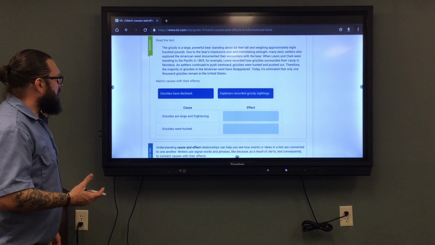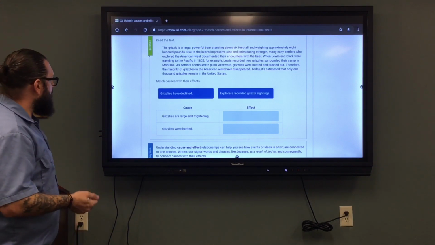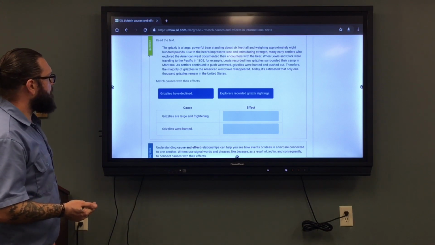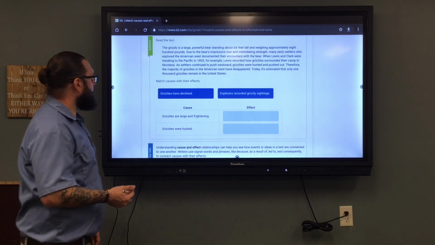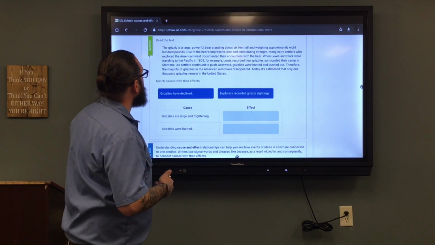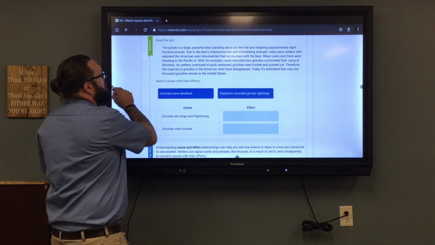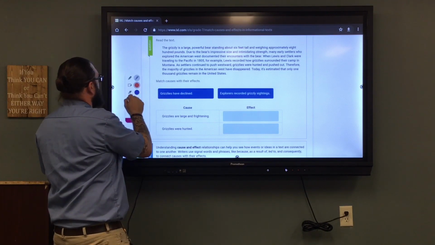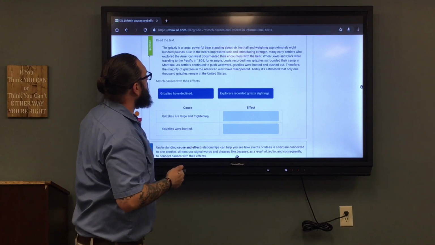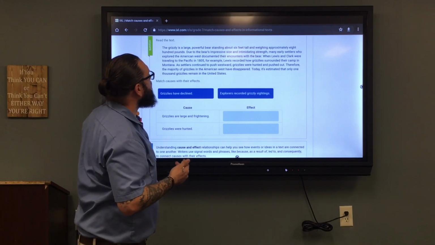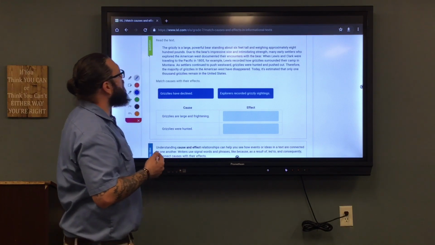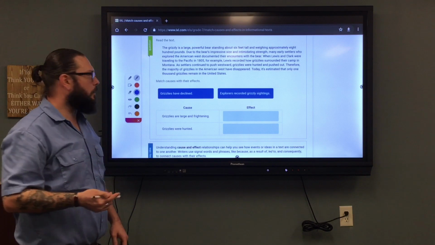Let's take a look at the first cause that is presented. Grizzlies are large and frightening. Let's see if we can identify that in the text. If you look at the second sentence, it states, due to the bear's impressive size and intimidating strength, many early settlers who explored the American West documented their encounters with the bear.